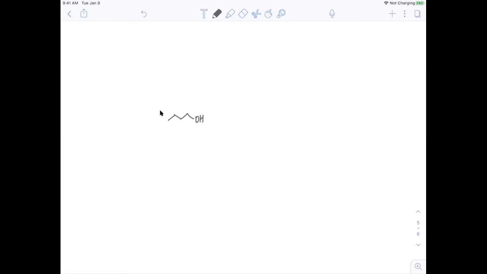Just from the reactions we used in the discussion just now, what did we do? We did oxidation, right? And actually there are two kinds of oxidation.